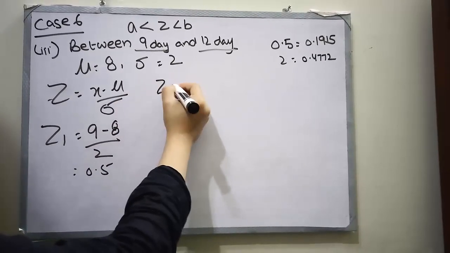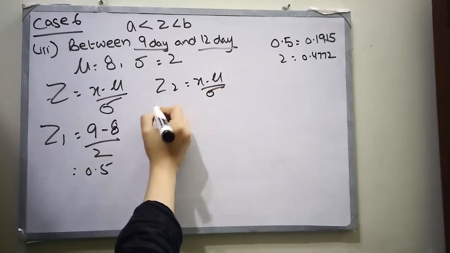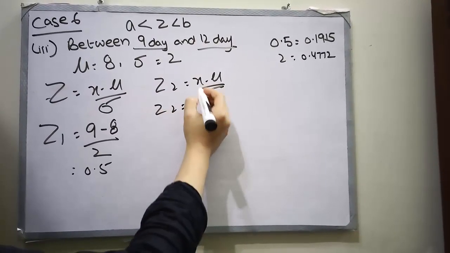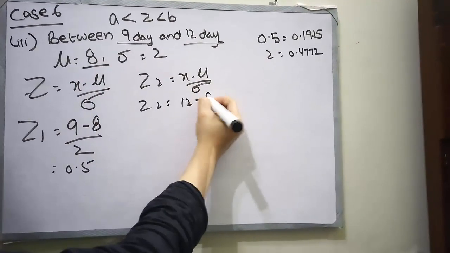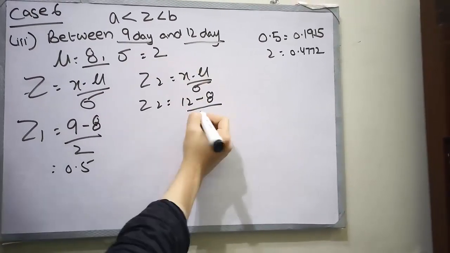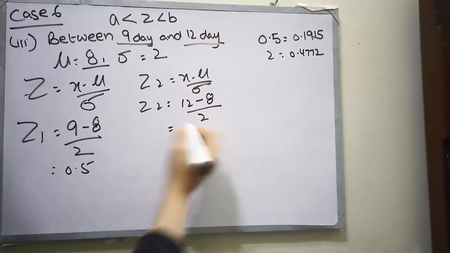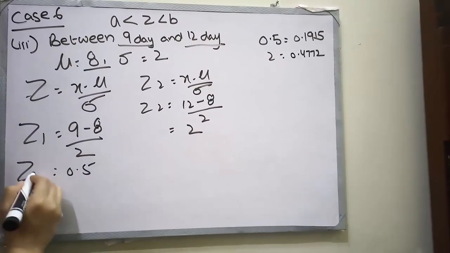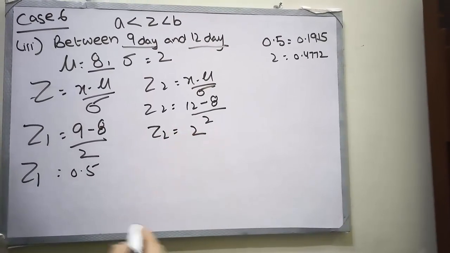Same as the value of z, x minus mu divided by standard deviation. Putting the values, for the second one, 12 minus mu 8 divided by standard deviation 2 equals 2. So we have z1 value 0.5 and z2 value 2.